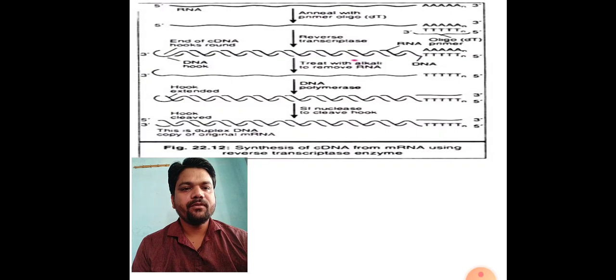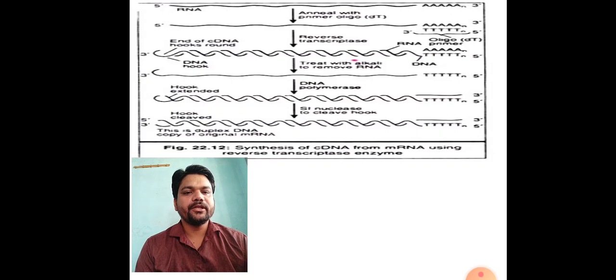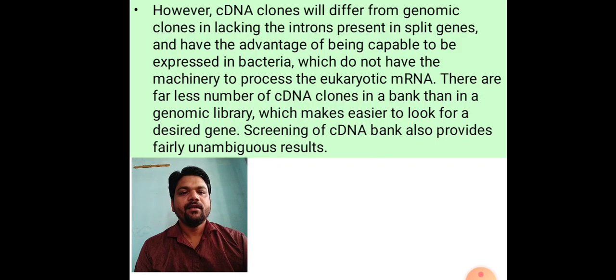Then use DNA polymerase enzyme, by which the hook is extended. Then at last a nuclease cleaves the hook, simply cutting the hook. So this is the figure showing the synthesis of complementary DNA from mRNA using reverse transcriptase enzyme.